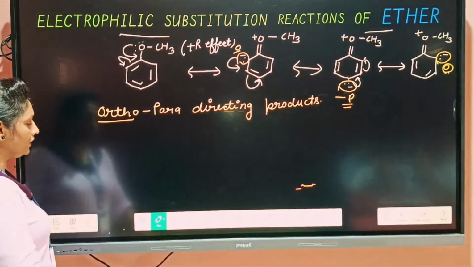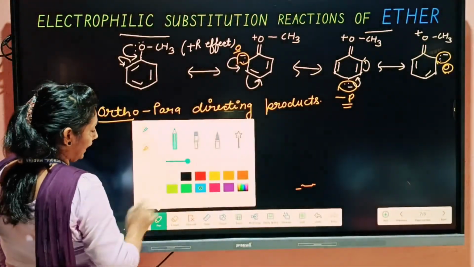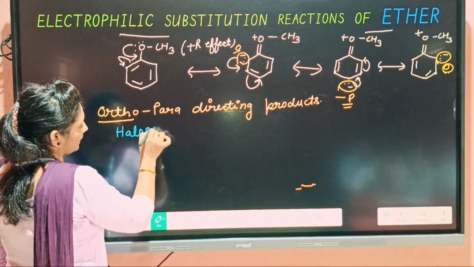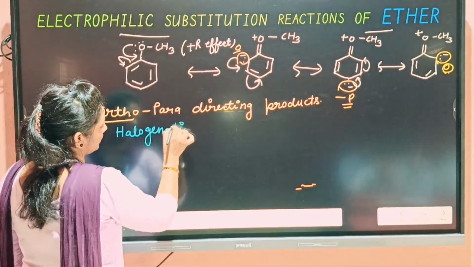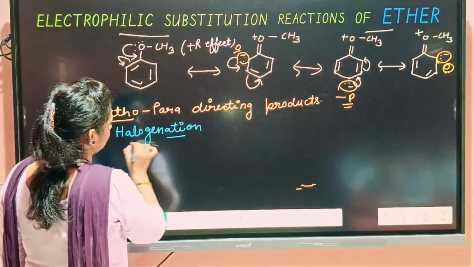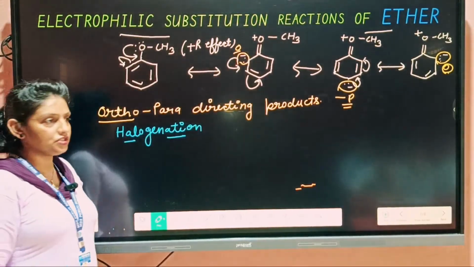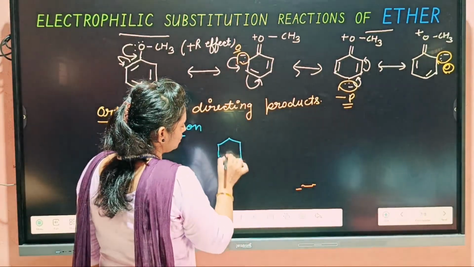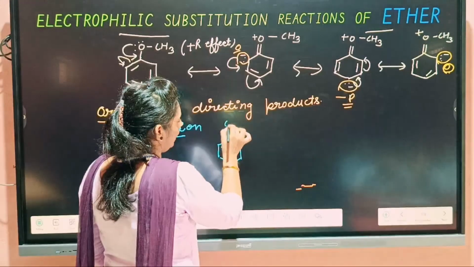For example, students, if we want to do halogenation, halogenation means reaction with halogen.